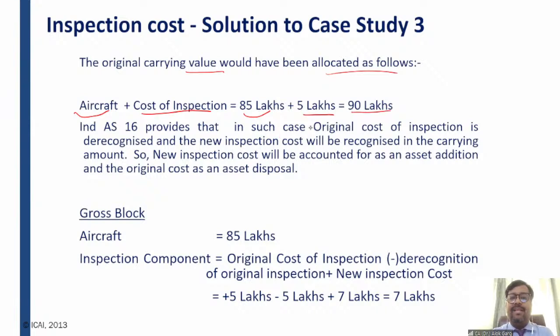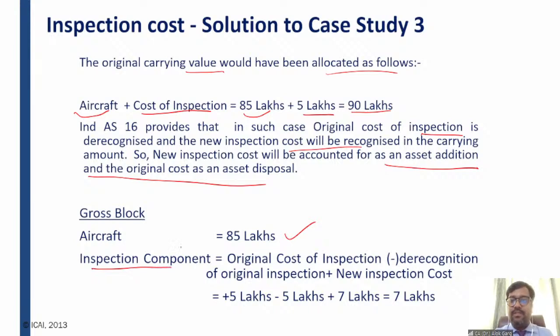Ind AS 16 provides that in such a case, the original cost of inspection is de-recognized, and the new inspection cost will be recognized in the carrying amount. So the new inspection cost will be accounted for as an asset addition, and the original inspection cost as an asset disposal. So in this case, what are we required to do? This aircraft is 85 lakh, we will not touch this amount.